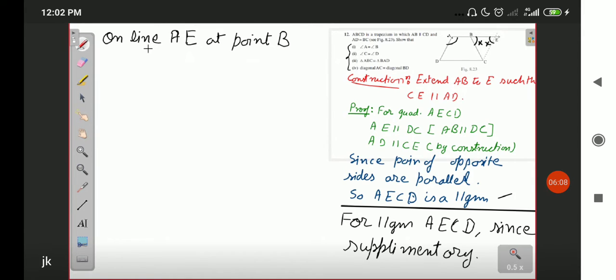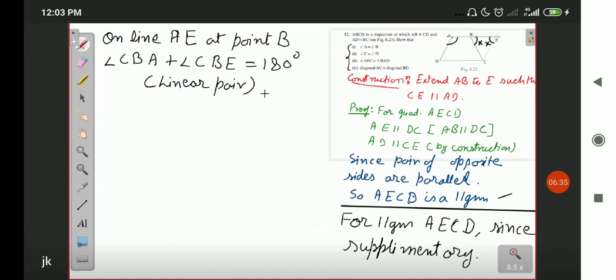Or revise the video and draw the proper diagram in your copy and then view that. On line AE at point B, angle CBA plus angle CBE should be equal to 180 degrees. Reason being linear pair. These are a pair of linear pair angles, so these are supplementary.